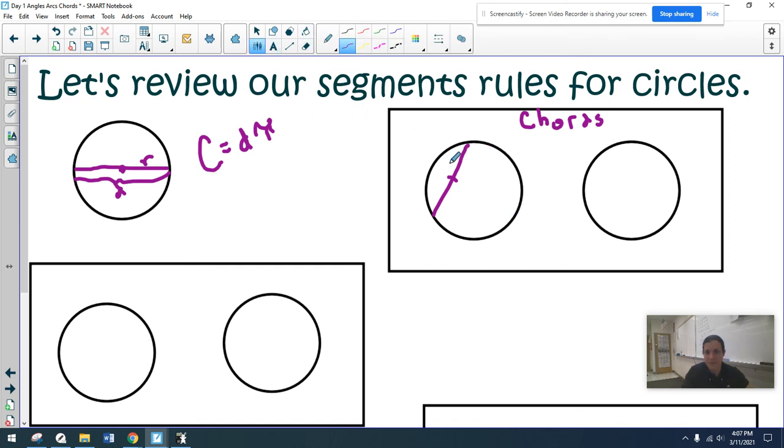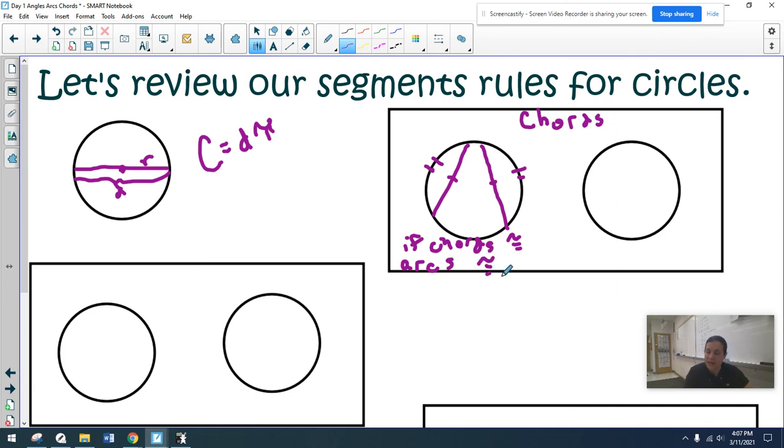You get my point though. So if you have, that looks a little better. So if you have 2 equal chords, what that is saying is you will have 2 equal arcs, okay? So however you want to put that, if you can say if chords are equal, then the arcs are congruent as well.